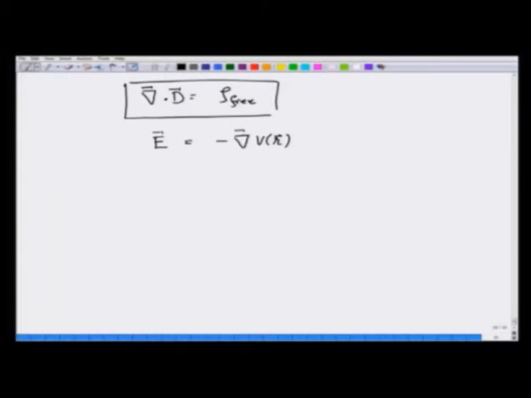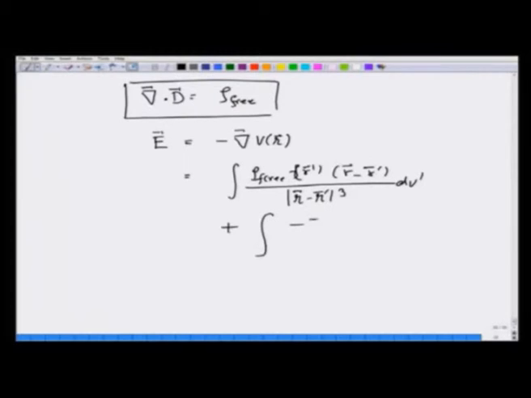I could have also explicitly written this as integration of rho free at r prime times r minus r prime divided by modulus r minus r prime cubed dv prime, plus integration of minus divergence of P of r prime, that is the bound charge, divided by modulus r minus r prime cubed times r minus r prime dv prime, plus due to surface charges.